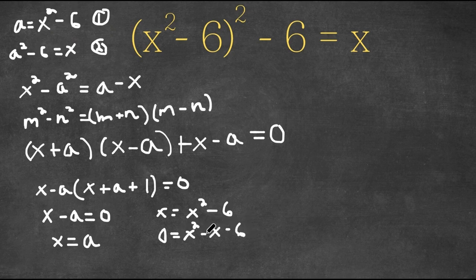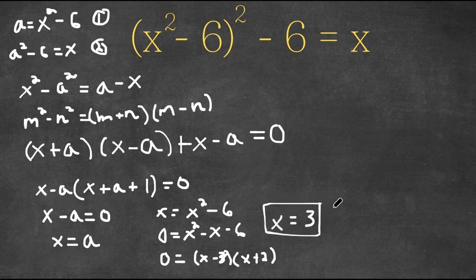Now we have a quadratic equation, and this would be simplified to 0 is equal to x minus 3 times x plus 2, meaning our two solutions for x would be x is equal to 3 and x is equal to -2.